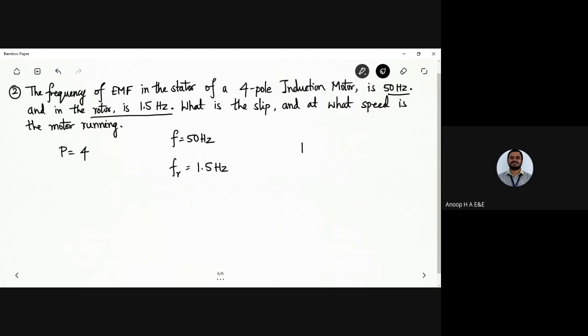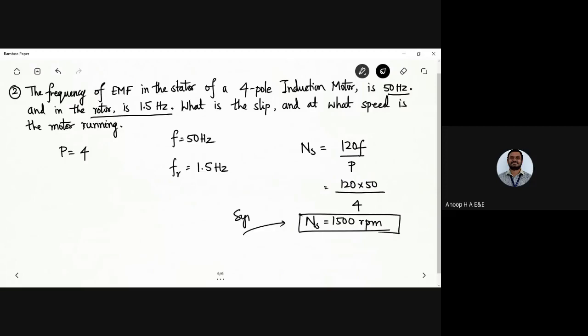Now I need to calculate the synchronous speed. How do I do it? It is 120 into f divided by p. So I can write it as 120 into 50 divided by 4, which gives ns as 1500 rpm. This is the synchronous speed.